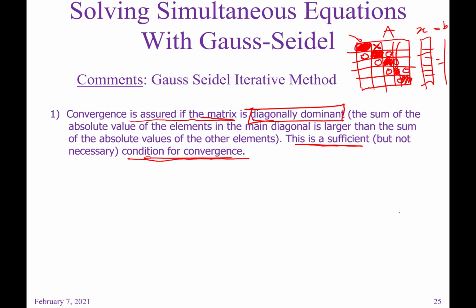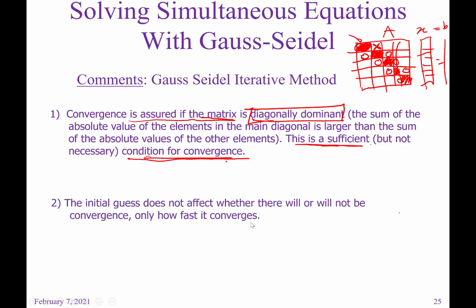What that means is you can actually get convergence sometimes even when it is not diagonally dominant. But if it is diagonally dominant, you will converge on the correct answer, regardless of the initial value. Now, the initial value can affect the rate at which you will converge, and that's what this point is.